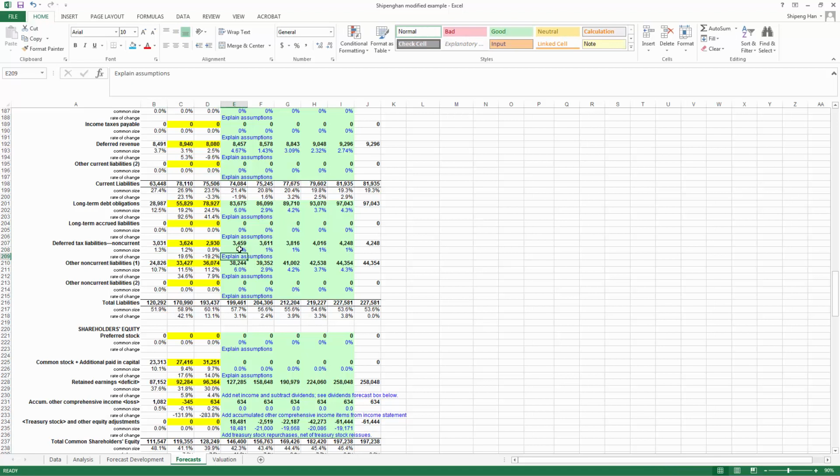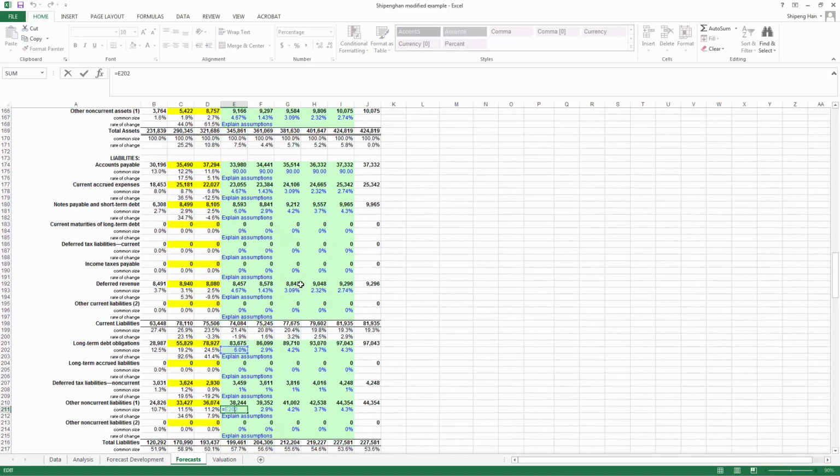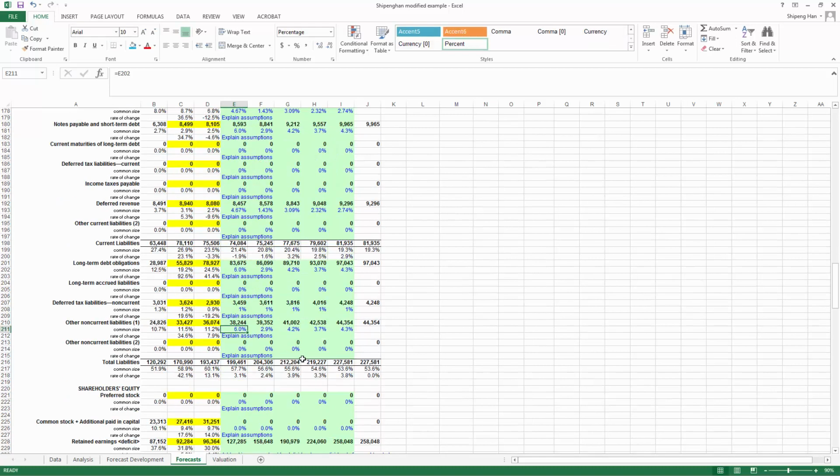Deferred tax liability is about 1% of total assets. For the next one, other non-current liabilities, we keep using the growth rate of notes payable, short-term debt, and long-term debt obligations, because these are financial liabilities.